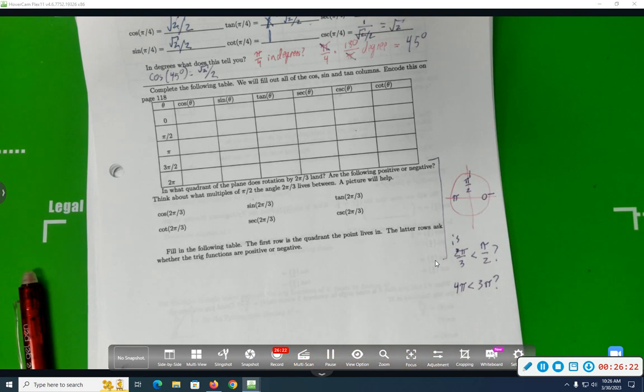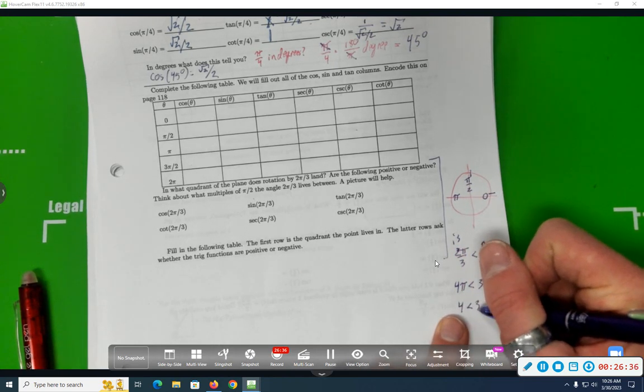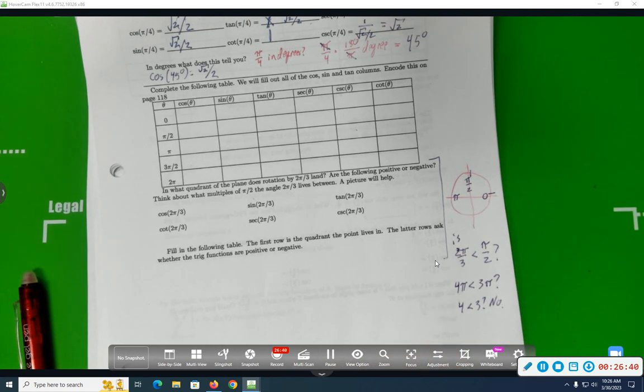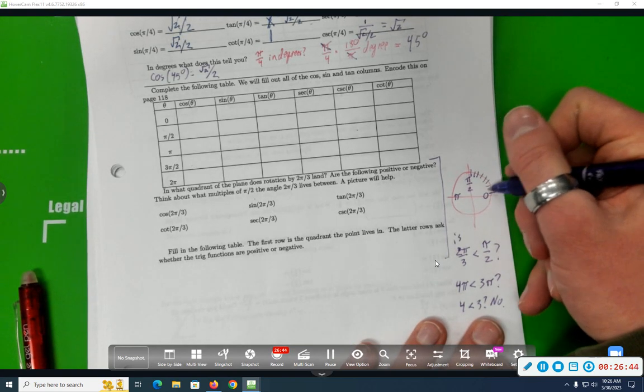Question mark. Is that inequality obviously true or obviously false? Obviously false, because 4 is not less than 3. You could take that and divide by pi. It becomes, is 4 less than 3? No. 4 is bigger than 3. So, what that tells me is 2 pi over 3 does not live here.